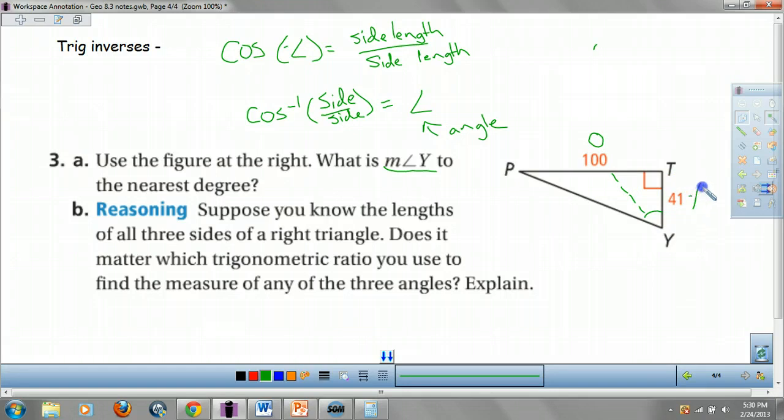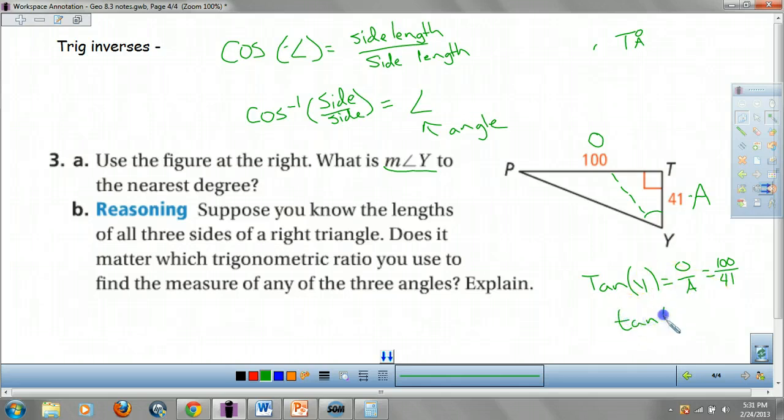This side is my adjacent because it is touching it, and it's not the hypotenuse. So let's see, SOHCAHTOA, that's a TOA, right? So I'm going to set my tan of y equals my opposite over adjacent, which in this case my opposite was 100, my adjacent was 41, right?